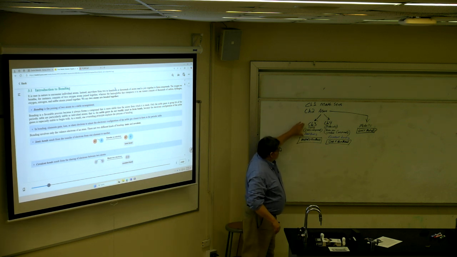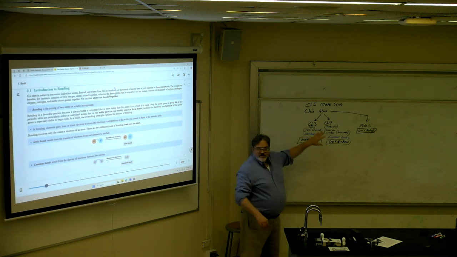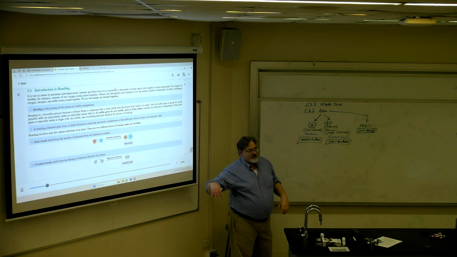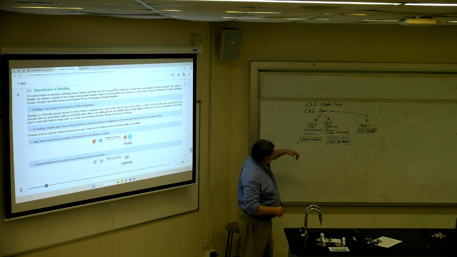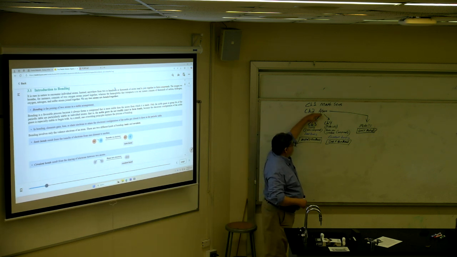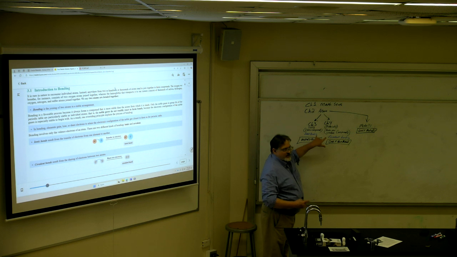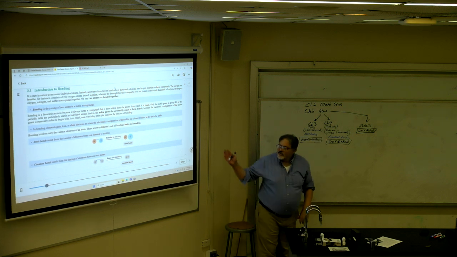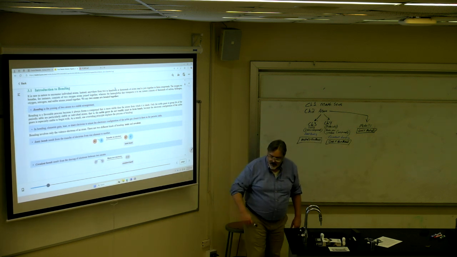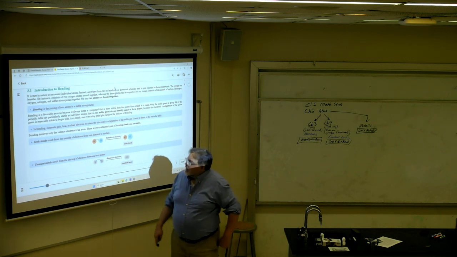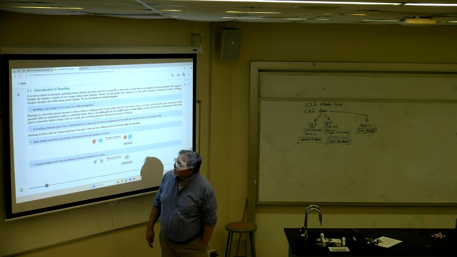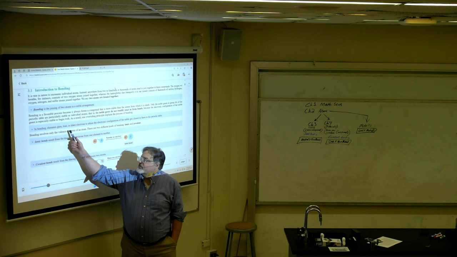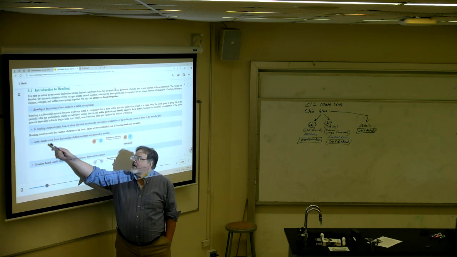We're getting to ions and ionic compounds. So right at the beginning of this chapter, it says Introduction to Bonding. And it's almost like Introduction to Bonding should have been at the end of this chapter, and then here's the things you can get when you do bonding. But it serves as an introduction. So bonding, atoms coming together. In bonding, elements gain, lose, and share electrons. Gaining and losing electrons is about ionic compounds.